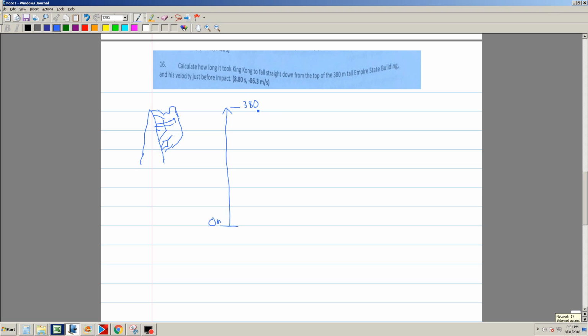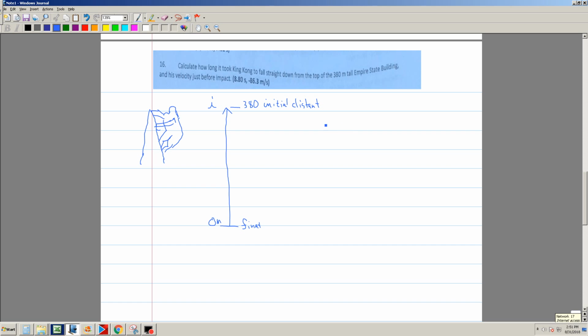Okay, so this is the initial distance. So he started here, initial, and then when he fell, here's the final position.